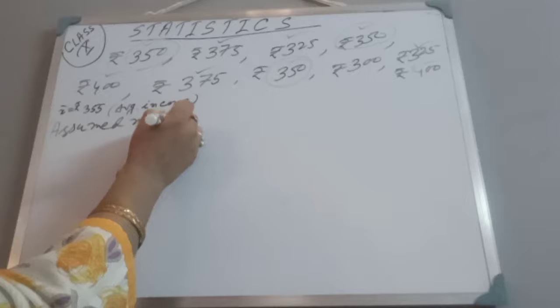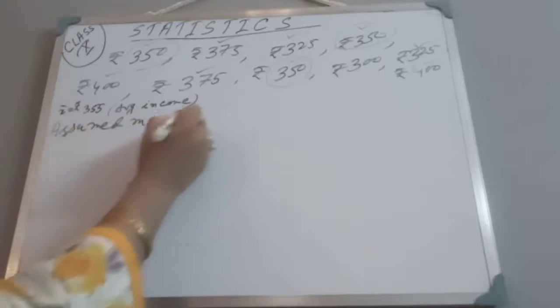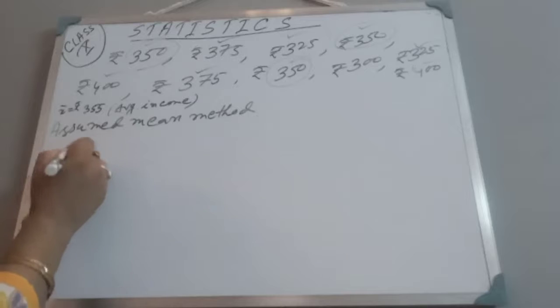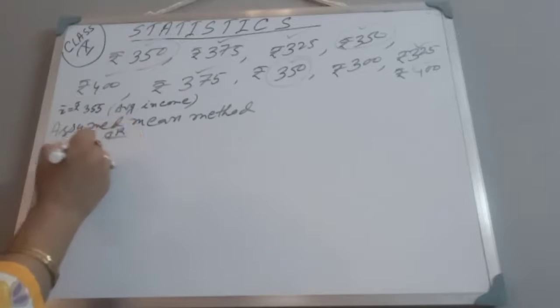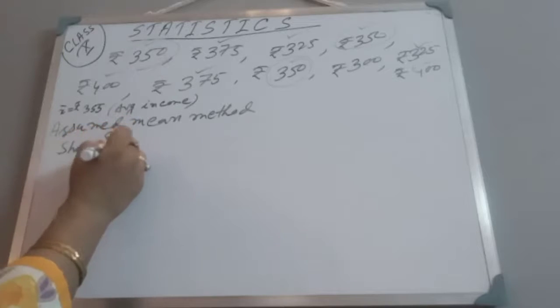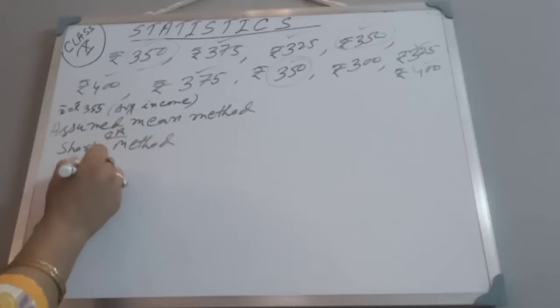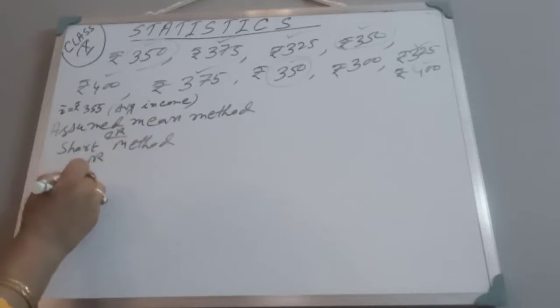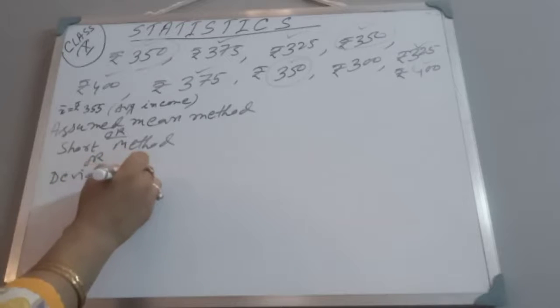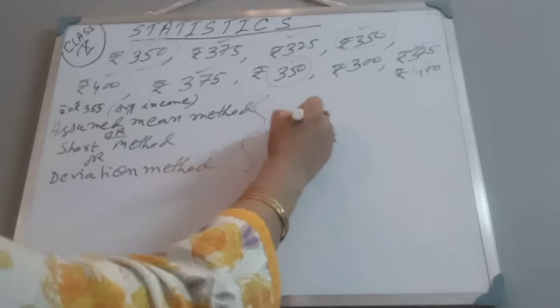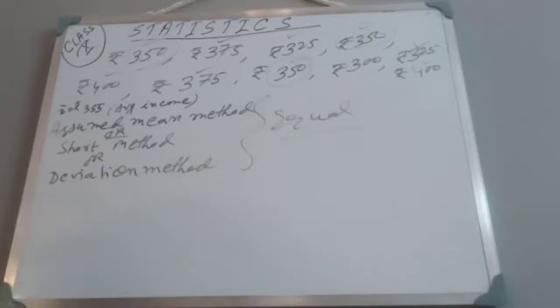Assumed mean method. Next, we can write this as short method, or we can write this as deviation method. But all these are equal, only the names are different.